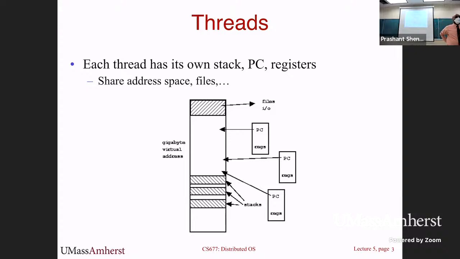Later on in this class, I will distinguish between concurrency and parallelism. Concurrency essentially means that you can execute different parts of the program, but they don't have to be executing simultaneously. If this multi-threaded process runs on a single core, at any time only one thread is actually running, even though there are multiple threads.